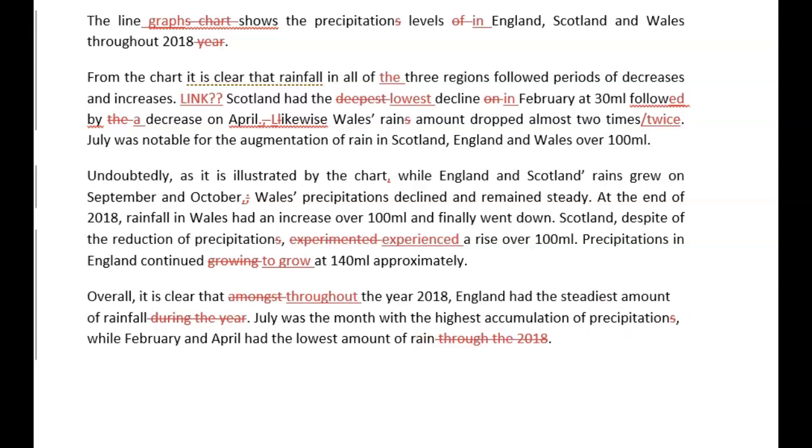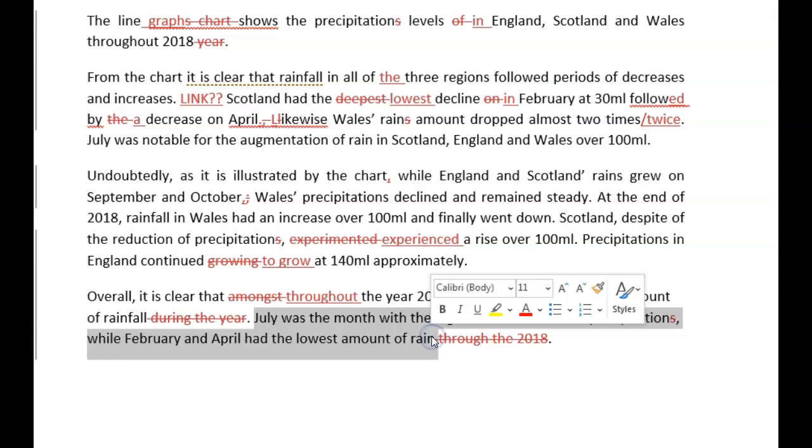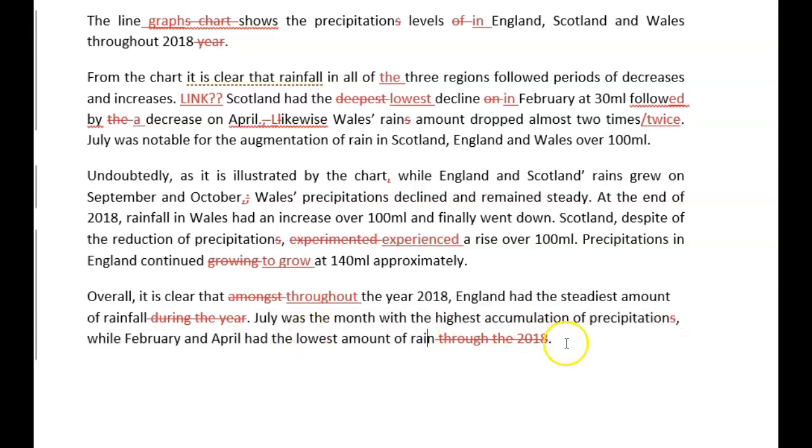Okay, so I'm not sure if you're concluding on England or if this sentence is the conclusion for all three regions or only for England. In which regions? So perhaps you could add clarification here. Anyway, this is a nice answer.